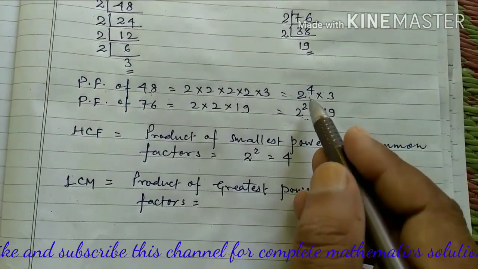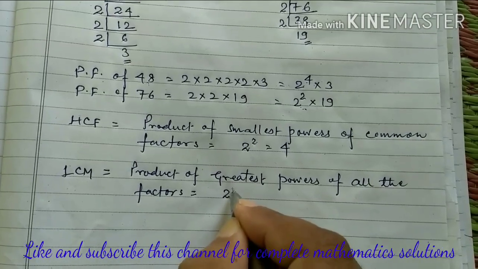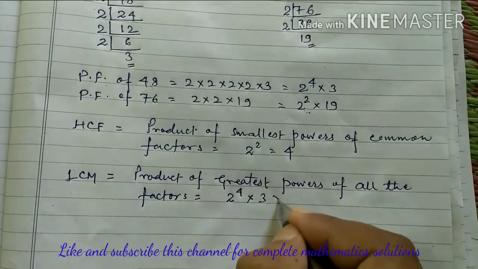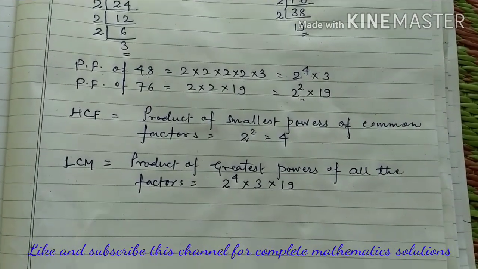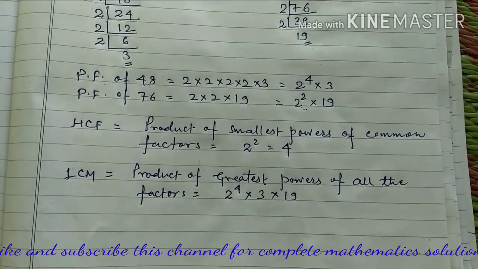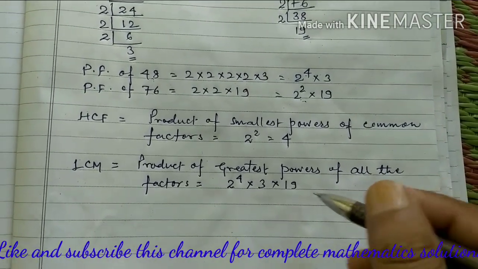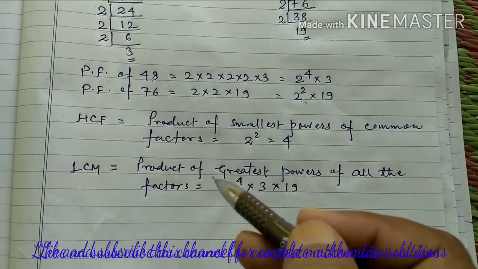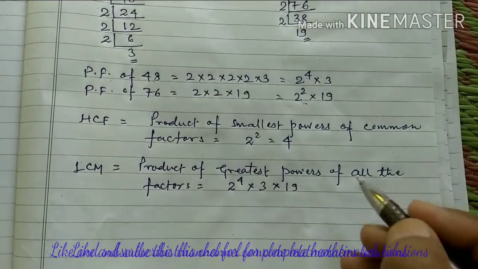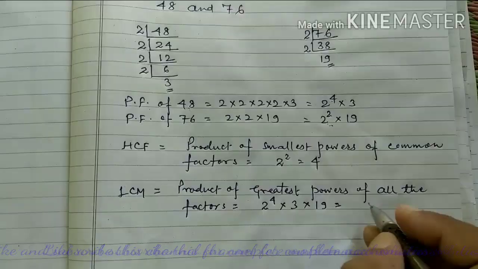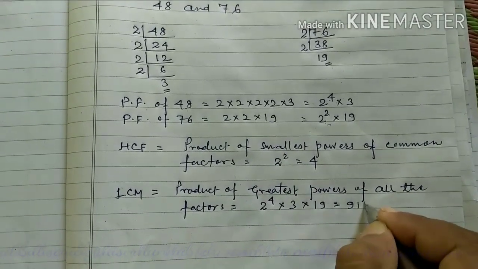The prime factors are 2, greatest power is 4; 3, greatest power is 1; 19, greatest power is 1. So the product of greatest powers of all the factors is equal to 912.